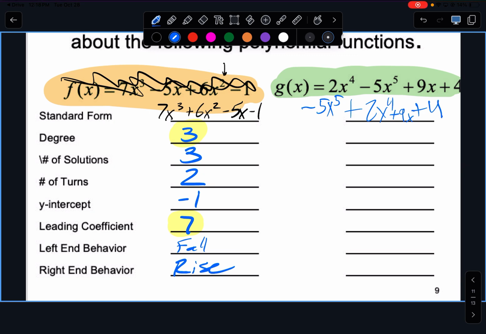Okay, now we're moving on to degree. Malaya, the degree of our polynomial is 5. Very good. Passing it to Isa. Number of solutions. Jackson? 4 turns because it's 1 less than the degree.